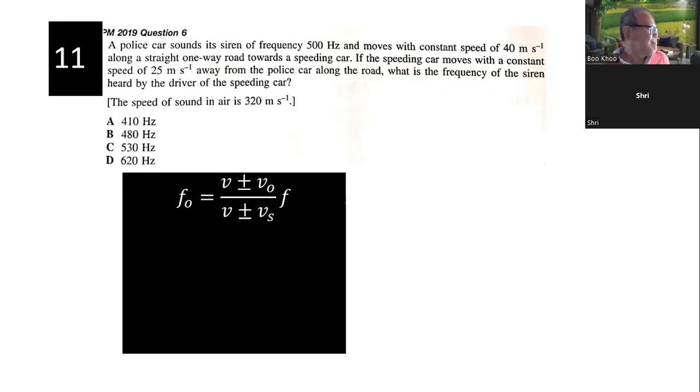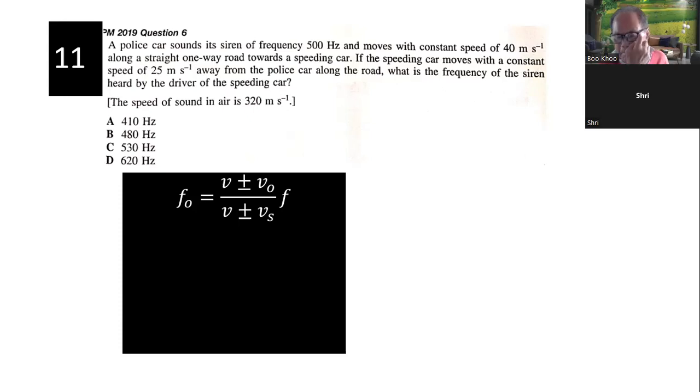This one, the speeding car, so negative. So you are saying 320 minus 25. Am I right? 320 minus 25. Yeah. Okay, how about the bottom?